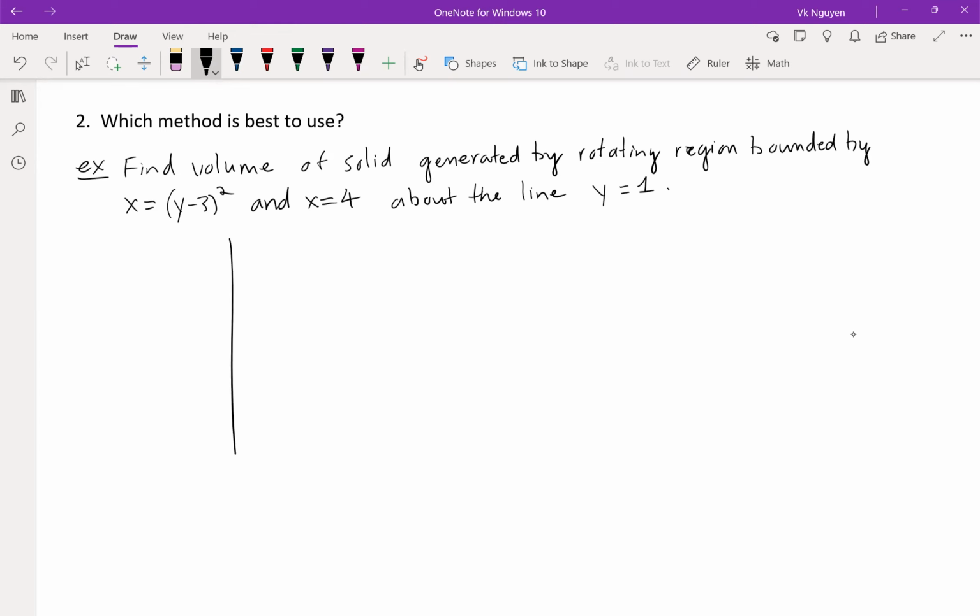Now, x, y. And this parabola is at y equals 3. So here is number 3. And then you go this way.